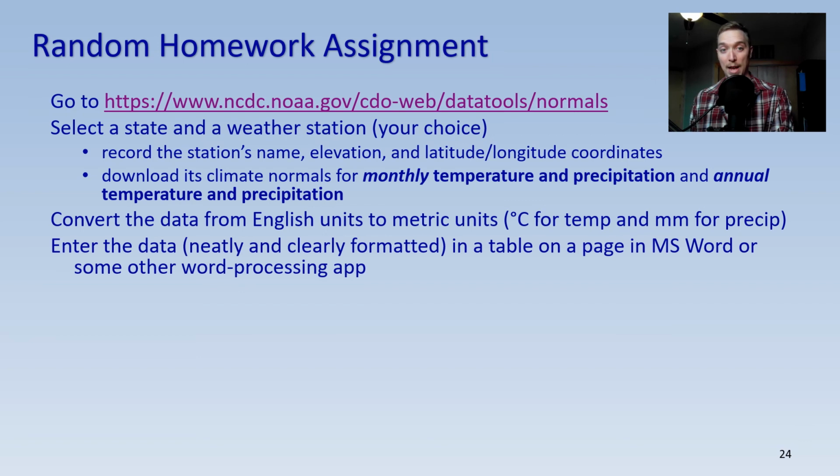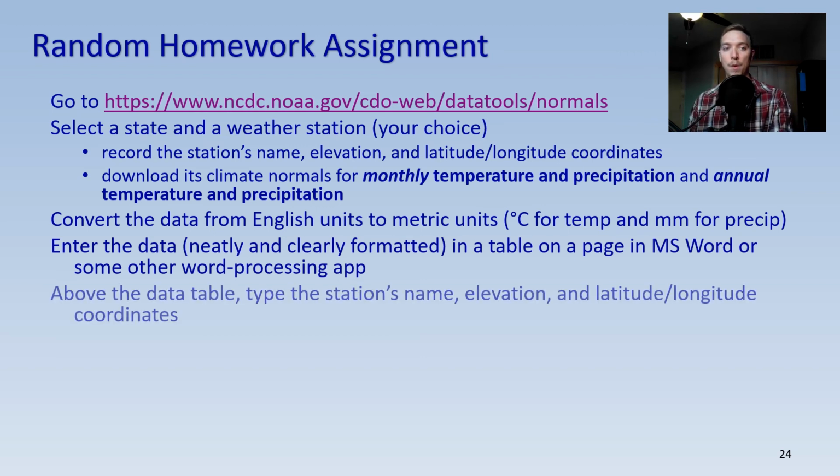You're going to enter that data neatly and clearly formatted into a table on a page in Microsoft Word or some other word processing app. Above the data table, you're going to type the station's name, the elevation, and the latitude, longitude coordinates so that I can see them.